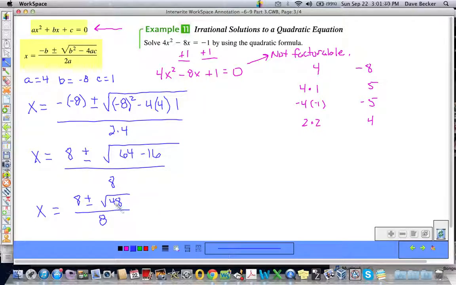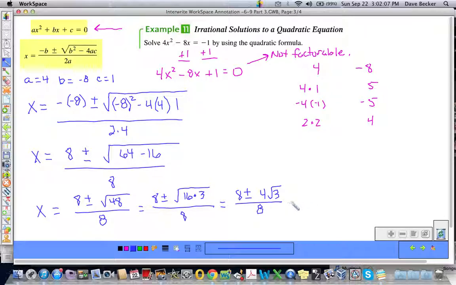And you always have to look at the square root, see if that can be simplified, which this one can, if you recall that we can rewrite 48 as 16 times 3. And there's a lot of ways you could rewrite it, but 16 is the greatest perfect square that I can use. So this becomes 8 plus or minus square root of 16 is 4. So that's 4 root 3 over 8.